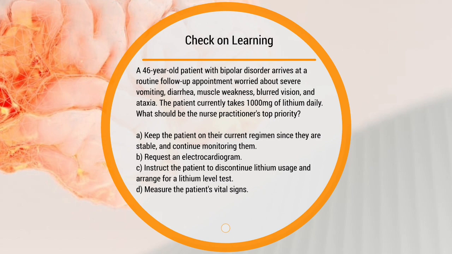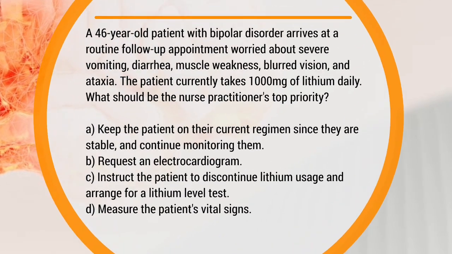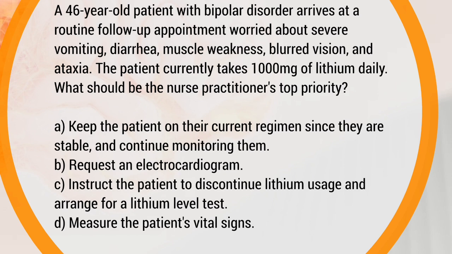Checking on learning. A 46-year-old patient with bipolar disorder arrives at the routine follow-up appointment, worried about severe vomiting, diarrhea, muscle weakness, blurry vision, and ataxia. The patient currently takes 1,000 milligrams of lithium per day. What should the nurse practitioner's top priority action be?